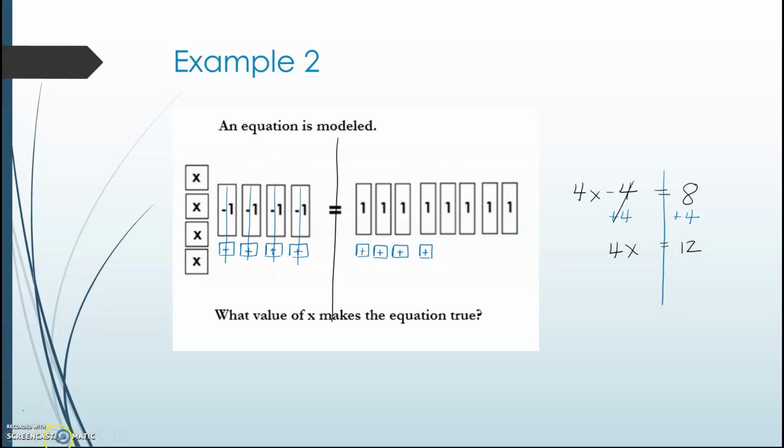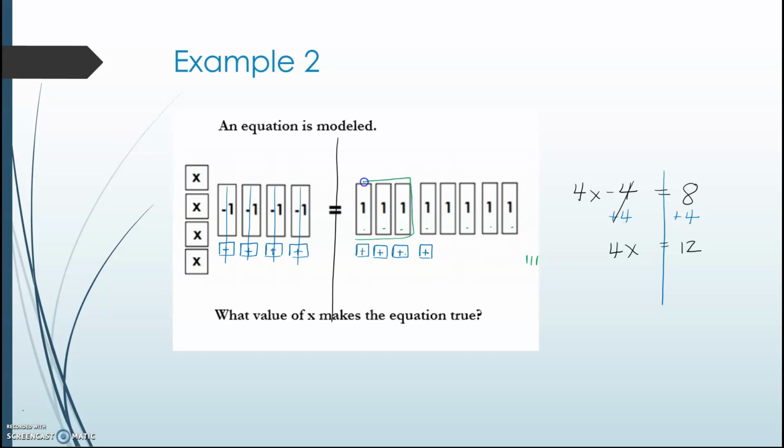Now I am going to count to, we have how many x's? 1, 2, 3, 4. So I'm going to count to 4 and see how many times I can do that. 1, 2, 3, 4. I counted to 4 three times, which means x equals 3.